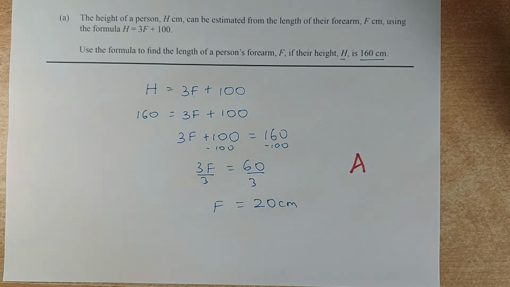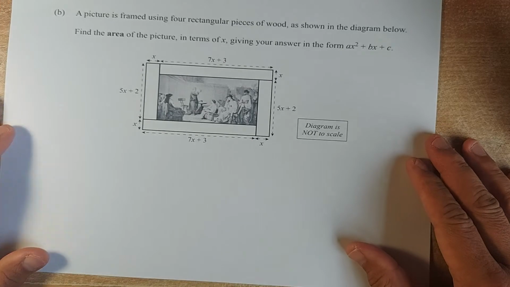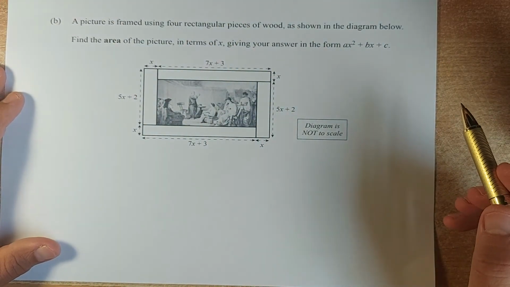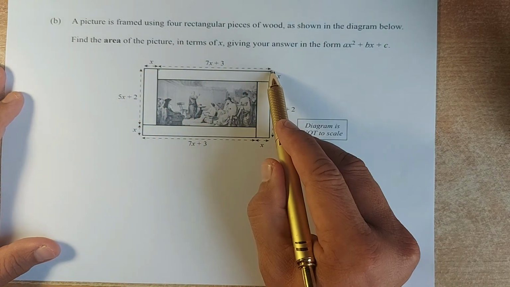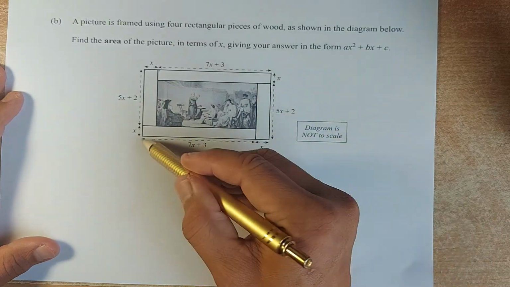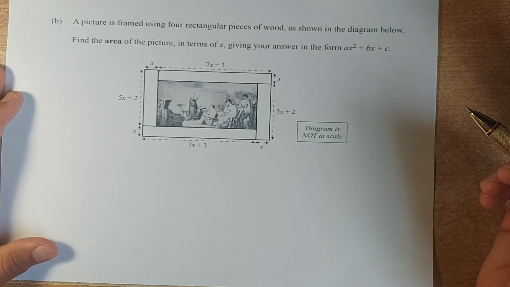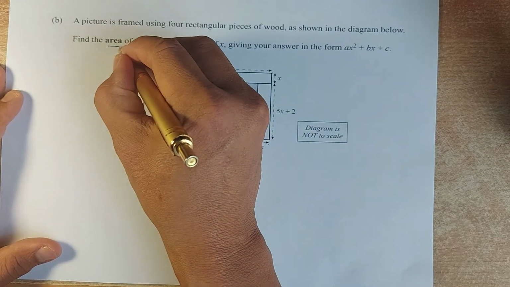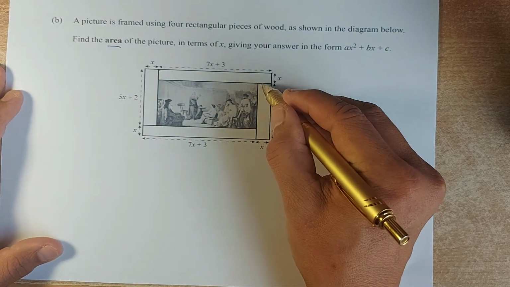This is the merit question. Now we shall read the question. This is a picture frame, and the length from here to here is 7x plus 3. The edges are all x, and the width here is 5x plus 2. They want you to find the area of the picture. So the area is the length multiplied by the width.